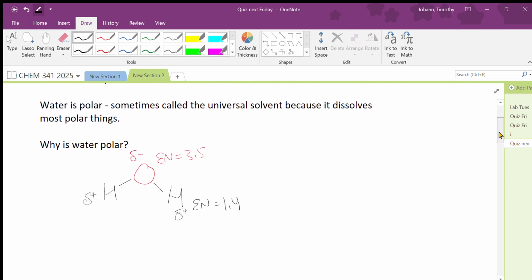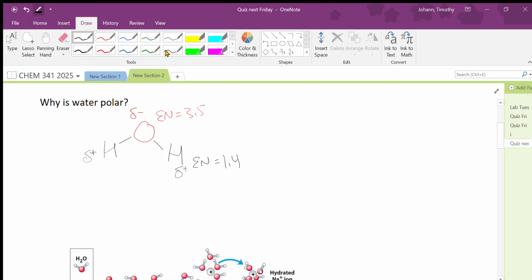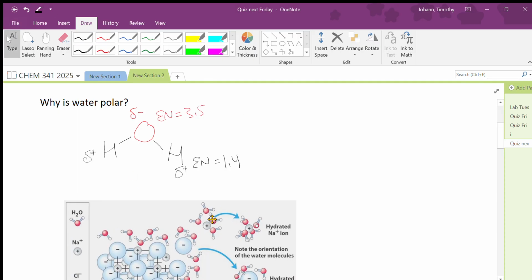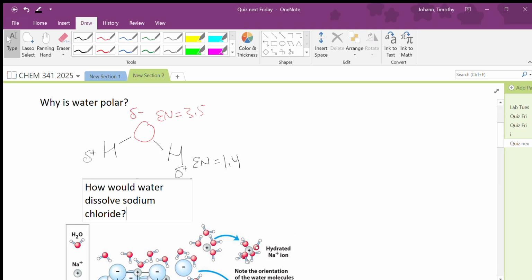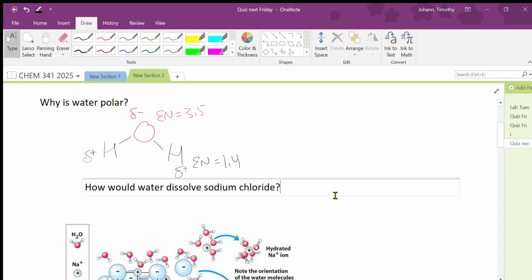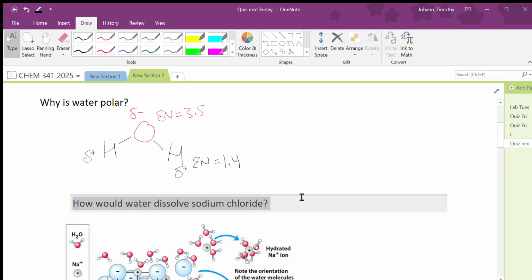And so how would this help water dissolve things? Let's say we talk about sodium chloride. All right, so how's water going to dissolve sodium chloride here?